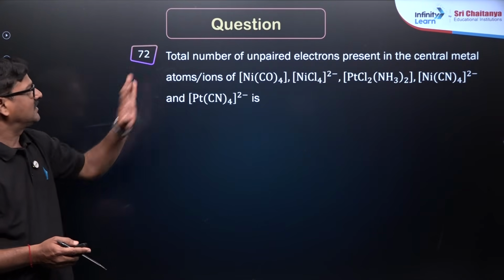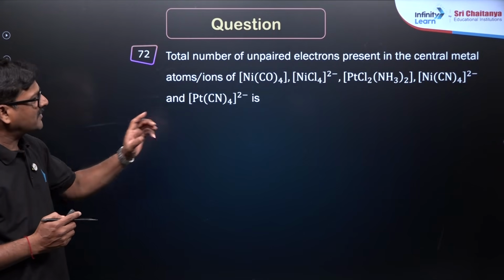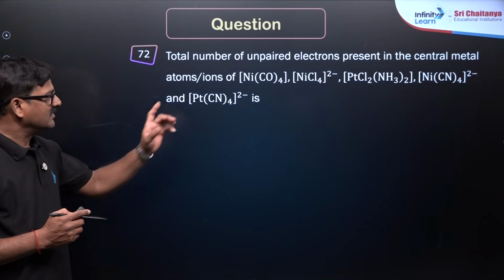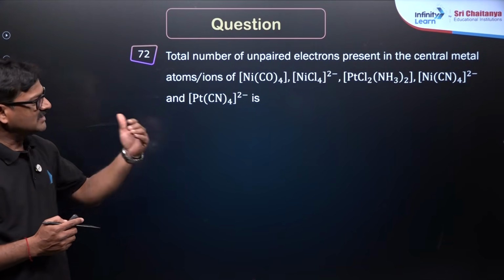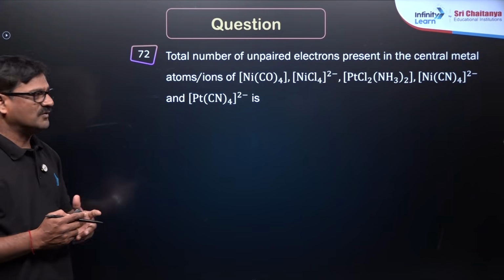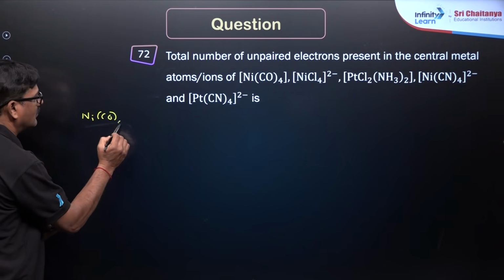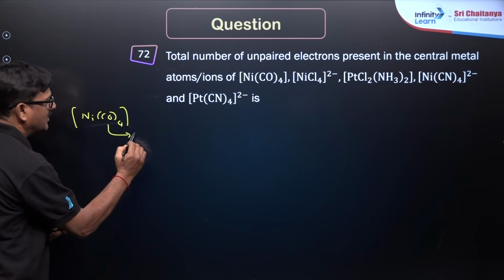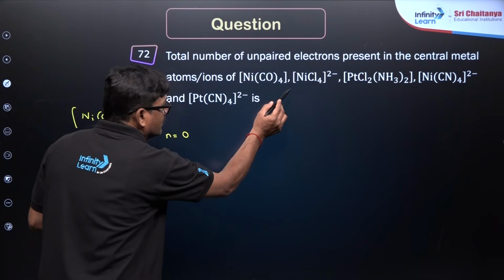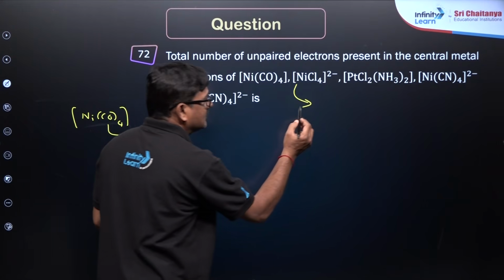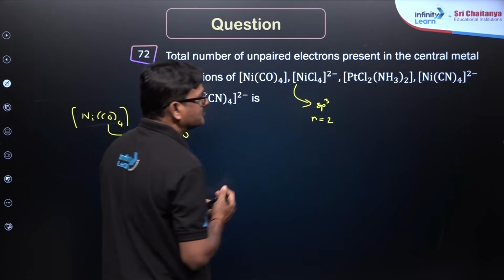Dear children, here is a question directly coming from complex compounds. The number of unpaired electrons present in the central metal of nickel tetracarbonyl, nickel tetrachloride, PtCl2(NH3)2, nickel tetracyanide 2 minus and PtCN4 2 minus. Let us talk about nickel tetracarbonyl. It is going to be sp3 hybridization, N is equal to 0. And when it comes to nickel tetrachloride, it is going to be sp3 hybridization, N is equal to 2.